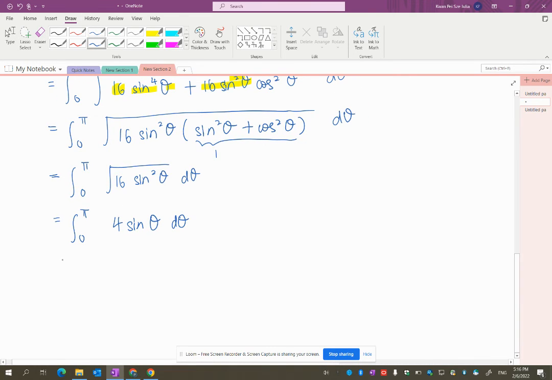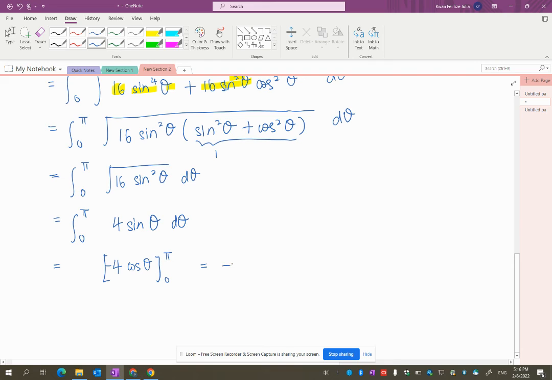We are then going to integrate this. It is very easy to integrate. We have 4, and the integral of sine is minus cosine. Let's evaluate this.